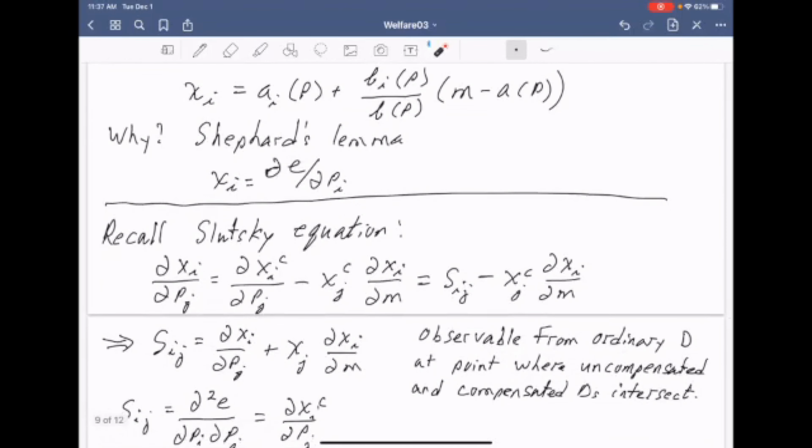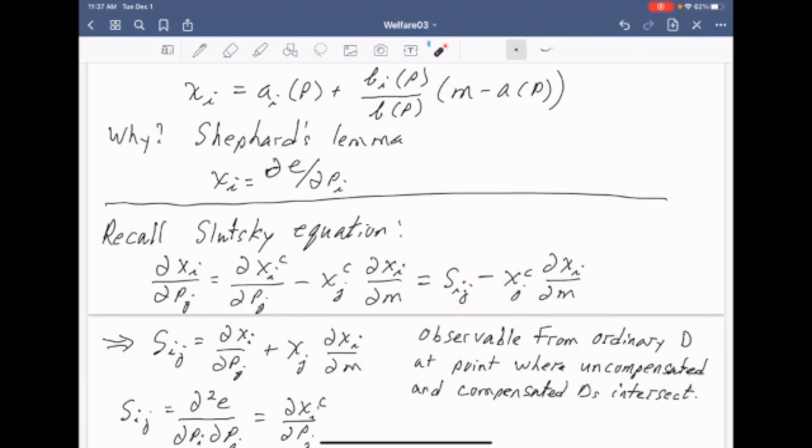Now, recall the Slutsky equation from the earlier videos. We write the Slutsky equation as the partial of xi with respect to pj is equal to the partial of the compensated xi's with respect to pj minus xj compensated times the partial of xi with respect to m.